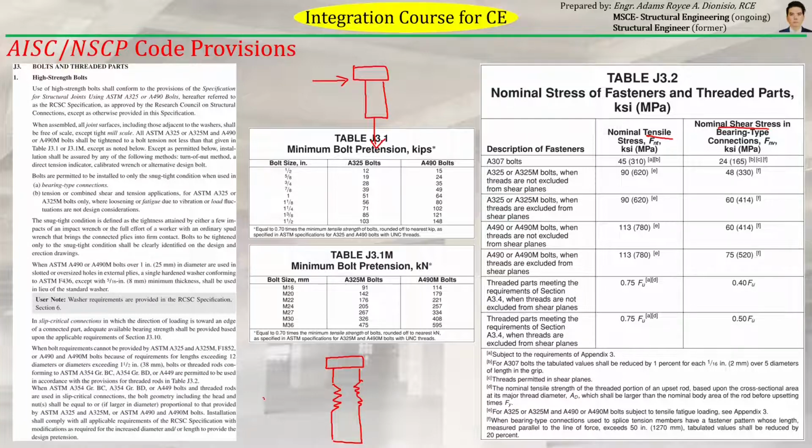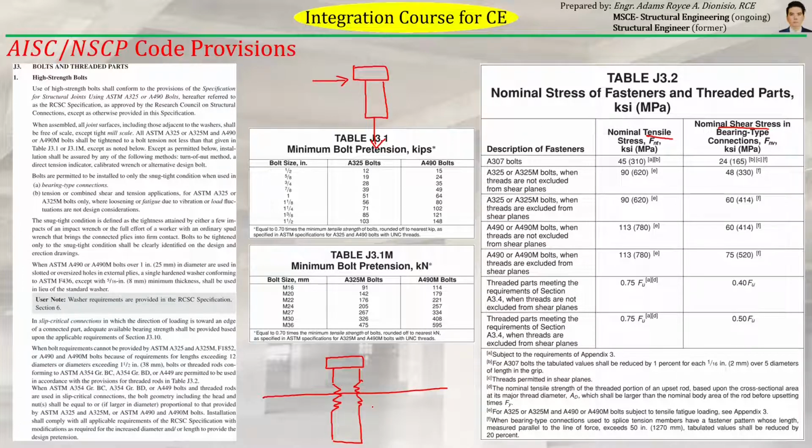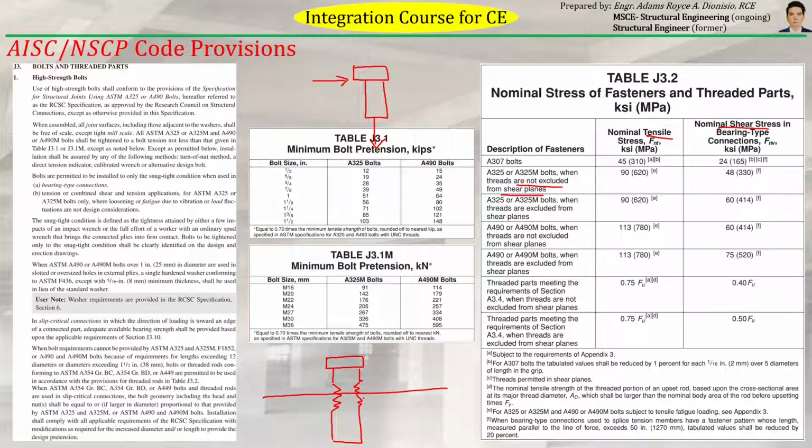Pag yung shear plane or yung plane kung saan nag-a-act yung shear ay sumakto dun sa location ng thread, ibig sabihin lang yan, threads are not excluded from the shear plane. Ibig sabihin hindi siya nakatanggal dun sa shear plane yung mga threads. Or ibig sabihin nandun siya sa mismong shear plane mo nandun sa mismong thread, yun yung ibig sabihin.